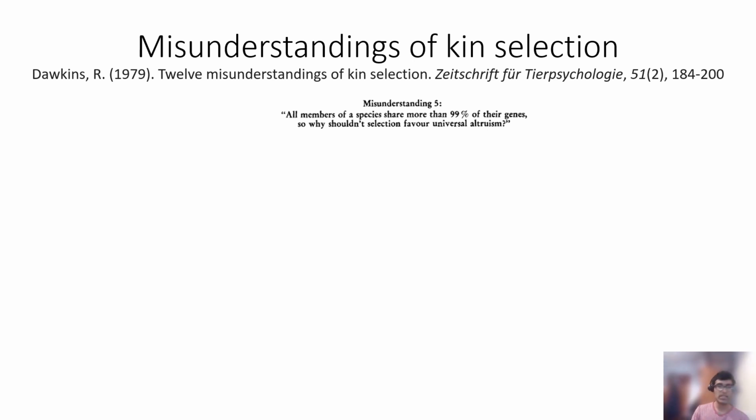So misunderstanding 5 in Dawkins' paper is: all members of a species share more than 99% of their genes, so why shouldn't selection favour universal altruism to anyone else within the species? Dawkins goes through the logic, which I've summarised into hopefully a simple logical train of thought.